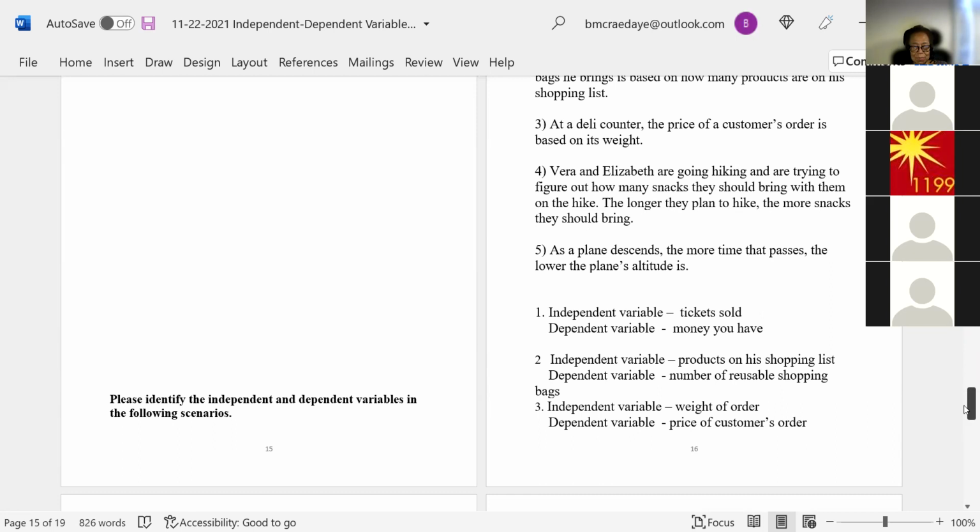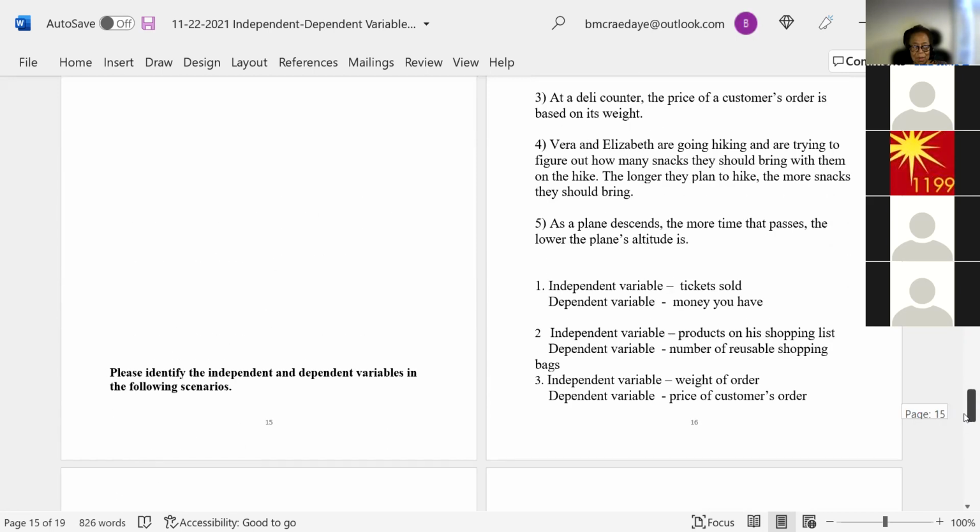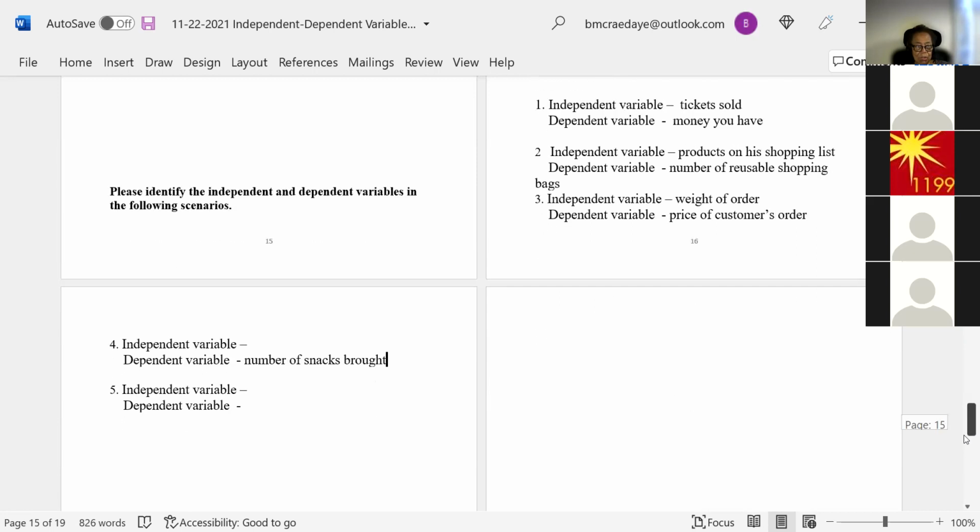The length of the hike, right? So the independent variable would be the time they spend hiking. The time spent hiking affects the number of snacks that they bring, okay?